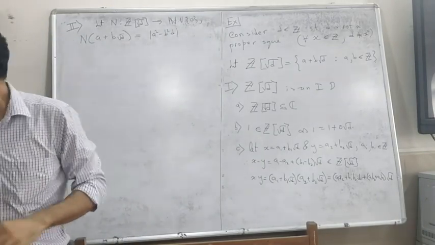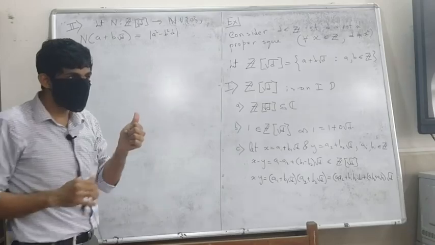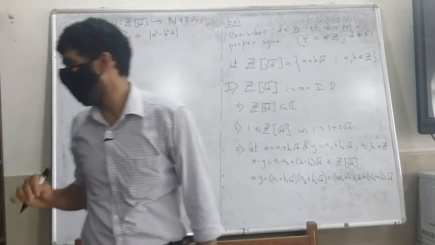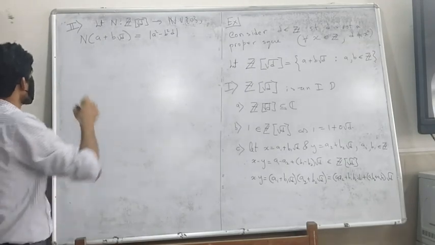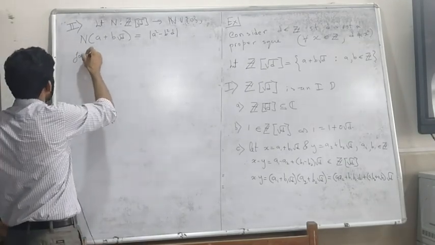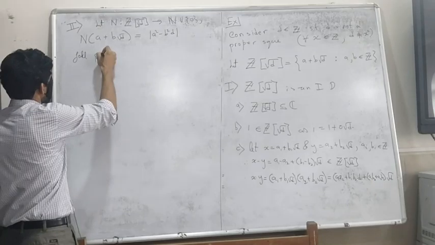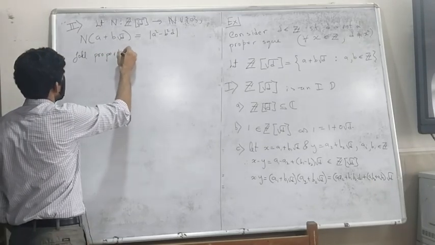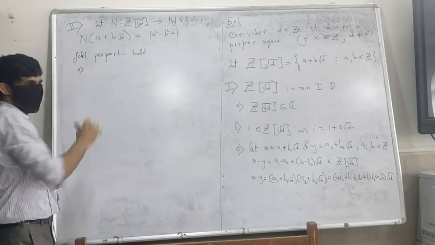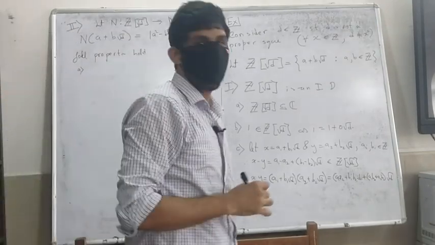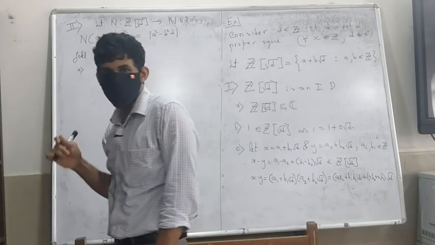Okay. So this function has some nice properties which we try to manipulate. So the following properties hold. In a way it's like a norm. As you will see, there are many properties of the norm which hold here.